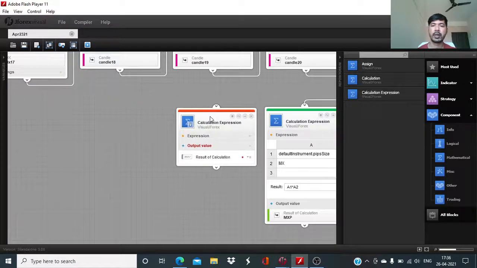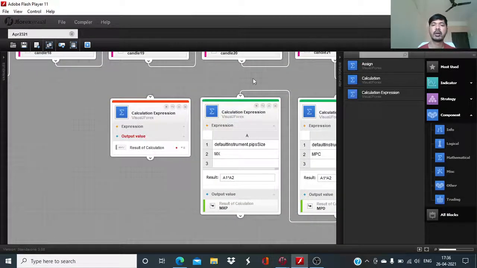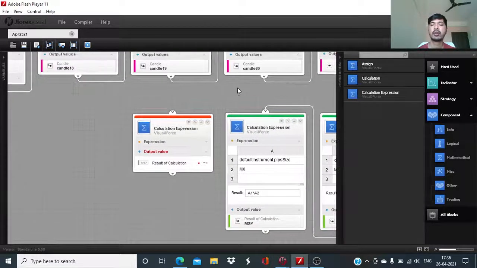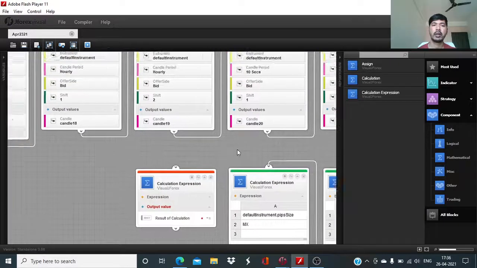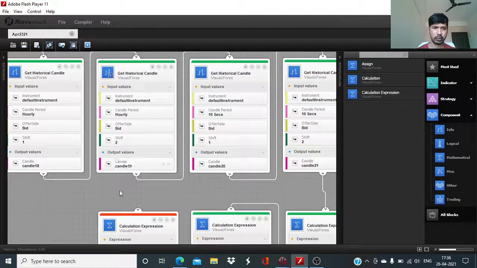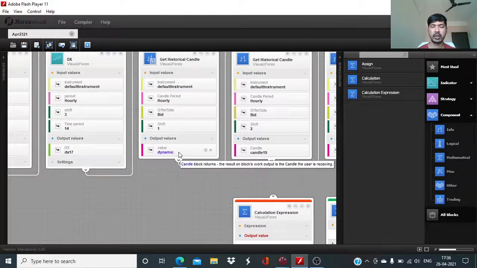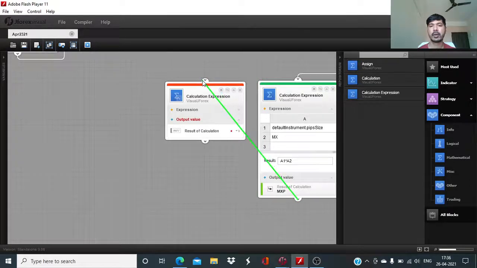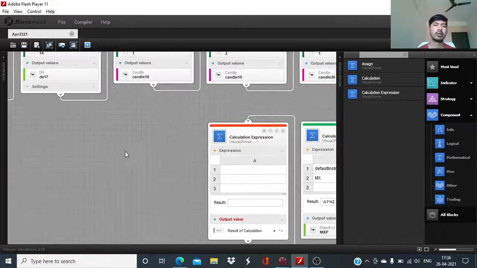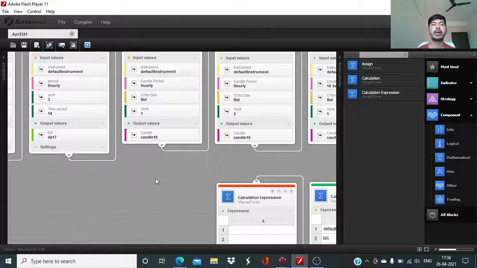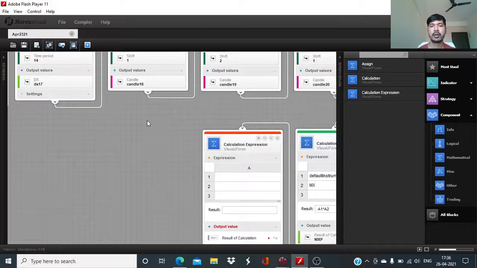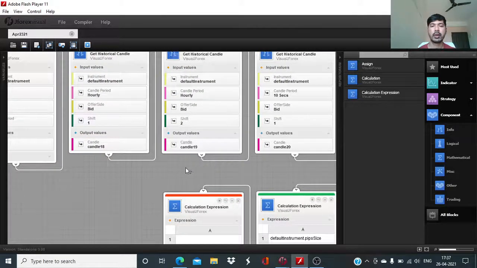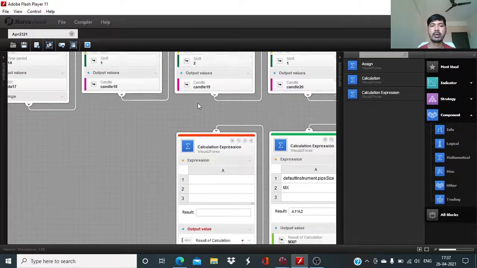First we will compare the closing value and the opening value of candle 18 and candle 19 respectively. And candle 18's close should be higher than candle 19's close and also its opening price.